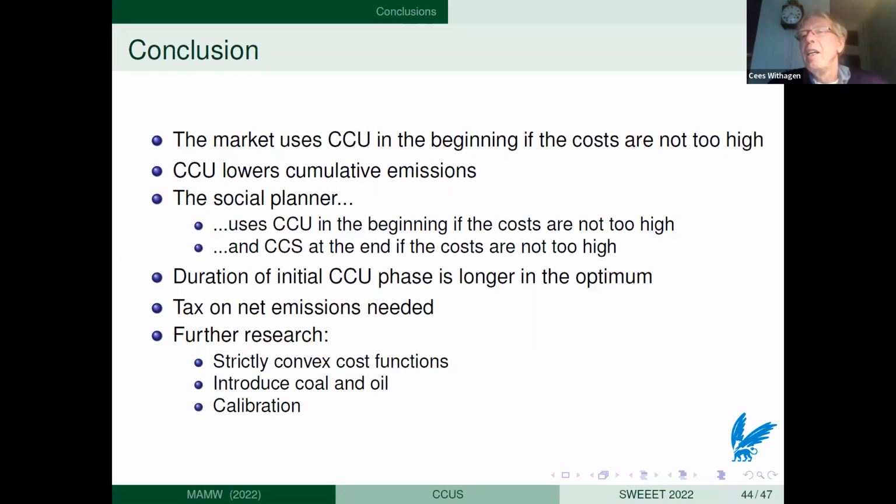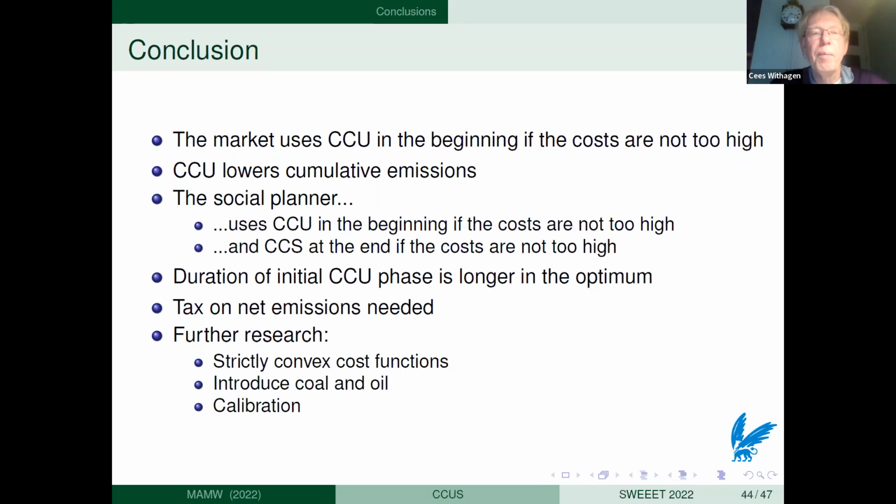So then, if the marginal cost is equal to zero, you will surely have simultaneous use of the two options, CCU and CCS. So it makes indeed a big difference, and that's why, when I talk about further research, I say that strictly convex cost functions are something we should address in future work.